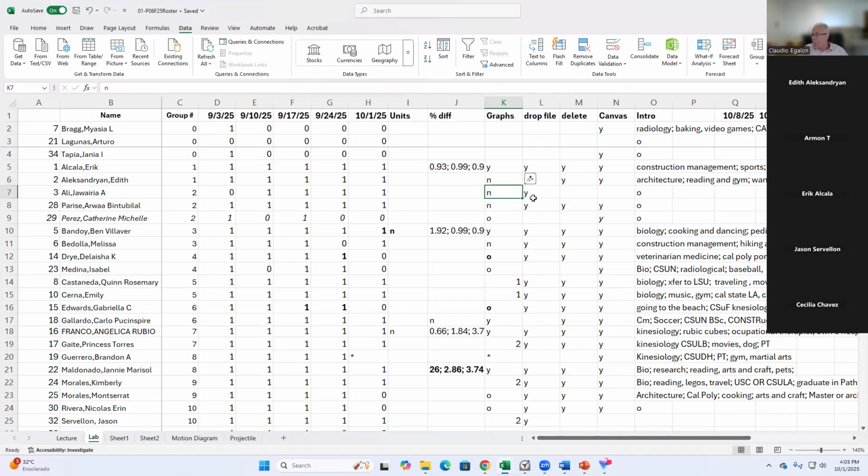No graphs. Do you have any problems plotting? Do you have Excel? Is there anything I can do to help you? Do you have any problems plotting the graphs? Can you tell me what's... Okay. So let's go to the next. Arwa, did you plot all the graphs, Arwa?